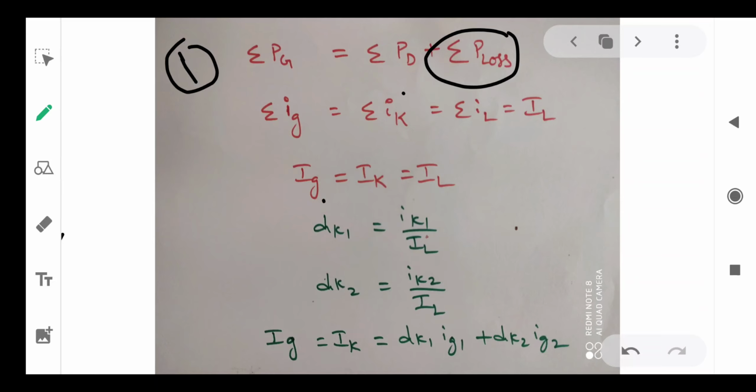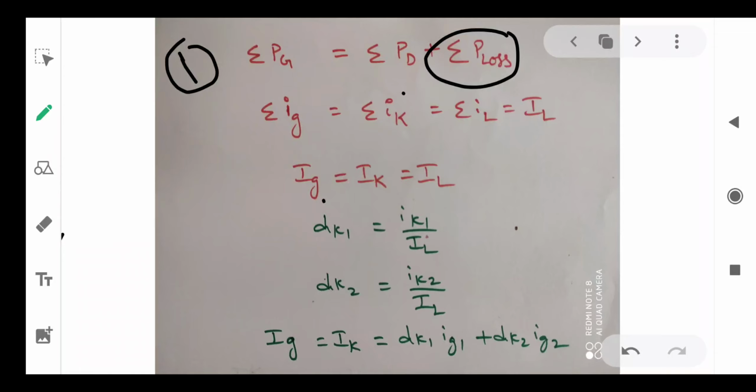So Dk1 is the distribution factor of current 1, Dk2 is the distribution factor of current 2. There are two currents injected by generators 1 and 2 respectively, and hence we will use that. Instead of Ik1, Ik2 and Ik3, we will use the generated currents, which is equal to Ik1 plus Ik2 plus Ik3, the total current through all the transmission lines. Both are the same.